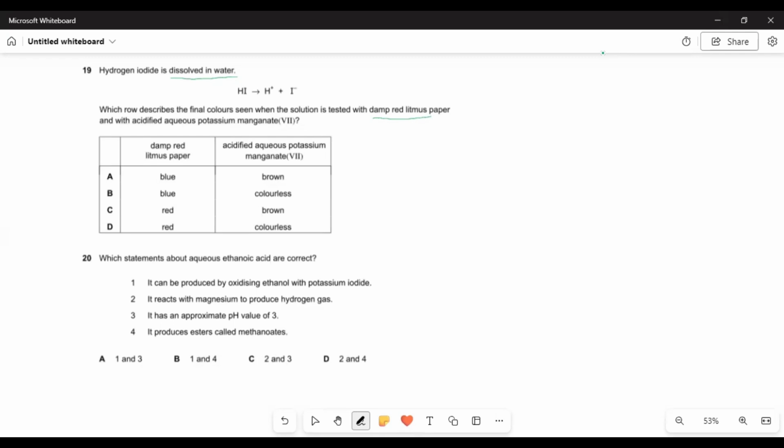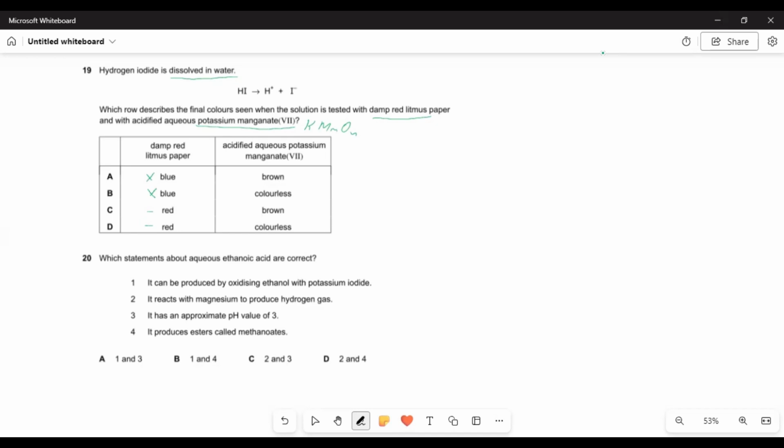And with acidified potassium manganate 7, KMnO4, it is purple in color. So first is that damp red litmus paper remains red. So answer is either C or D. A or B cannot be the answer.